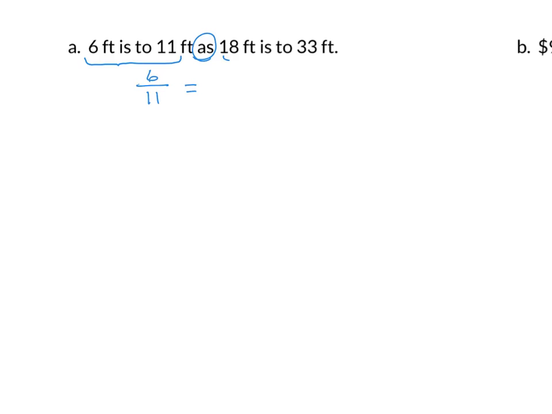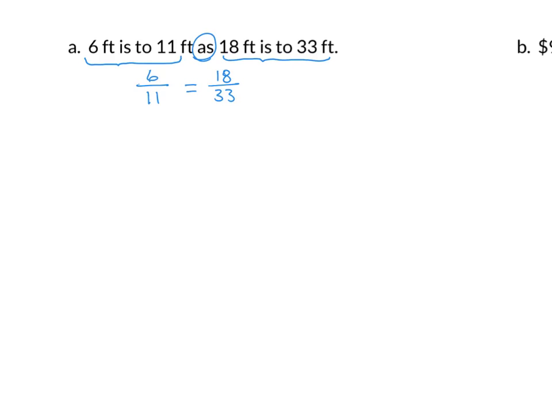And our second ratio is 18 is to 33 feet. So this translates to 18/33. And we're done with this first one. So this is an example that includes ratios. So remember, with ratios, no units.